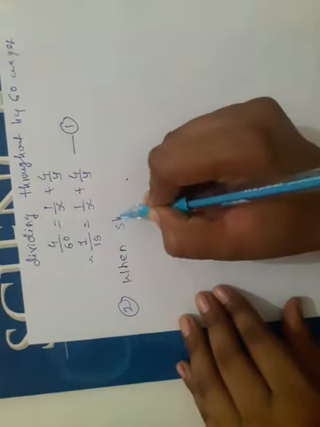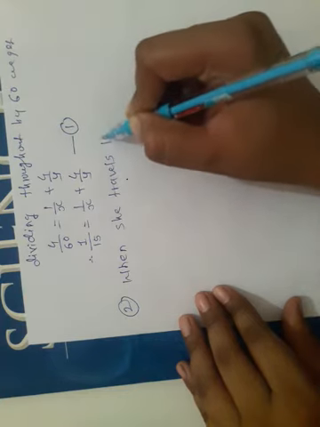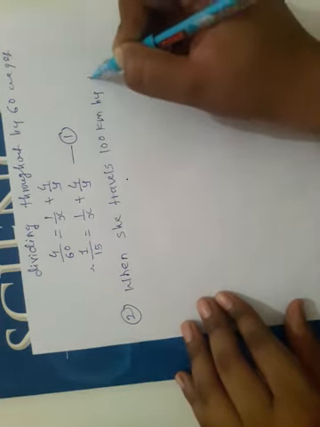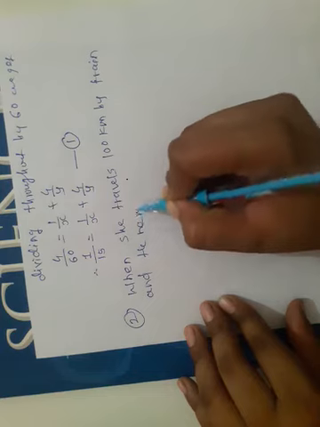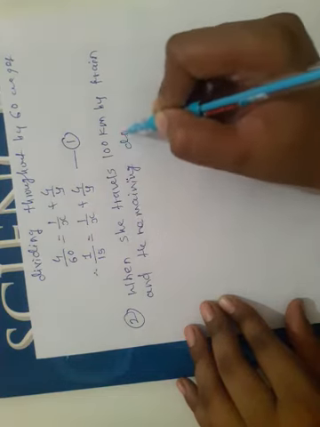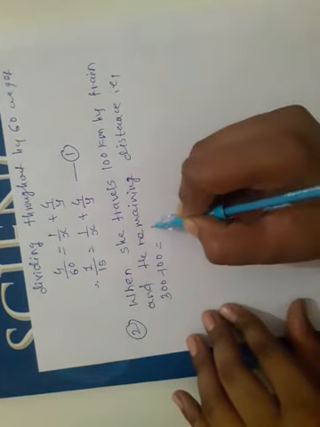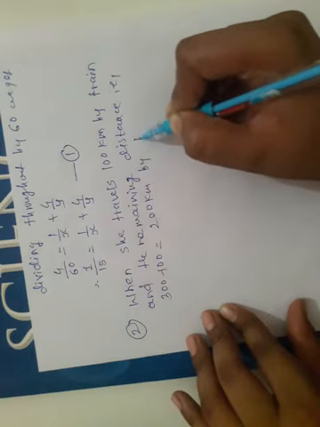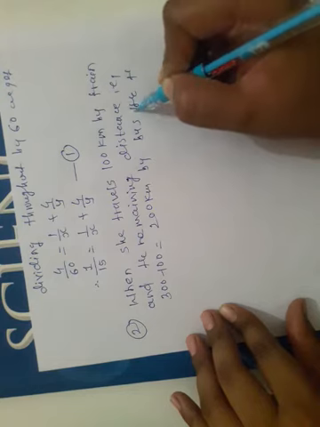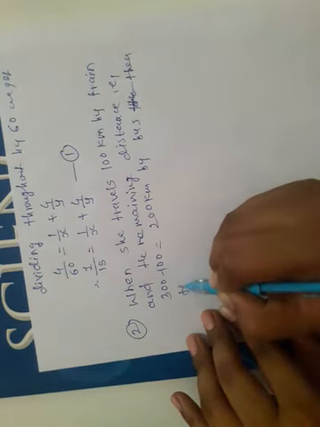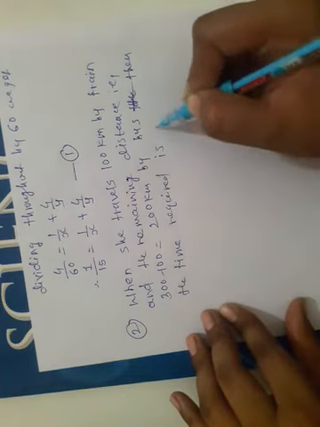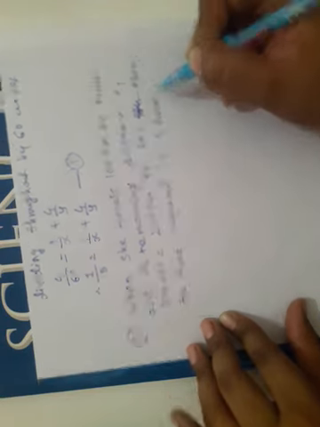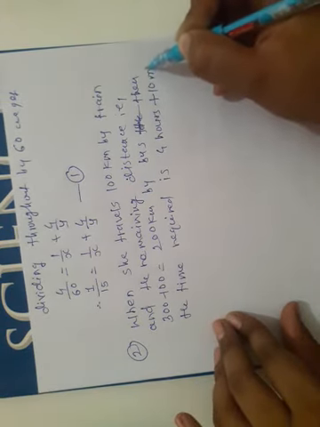Write down, when she travels 100 kilometer by train, and the remaining distance, that is 300 minus 100 is equal to 200 kilometer by bus, then the time required is 4 hours plus 10 minutes. Okay, 4 hours and 10 minutes.